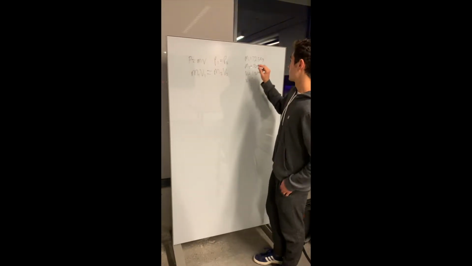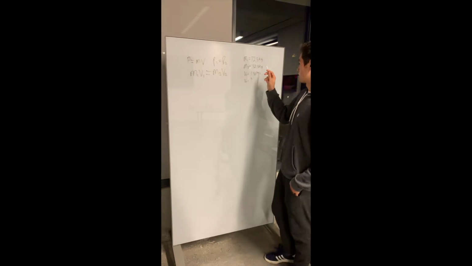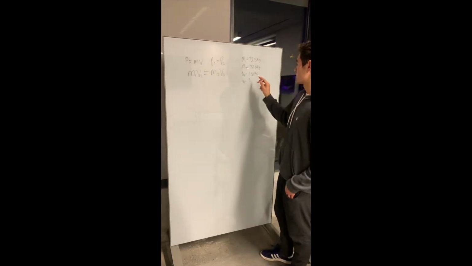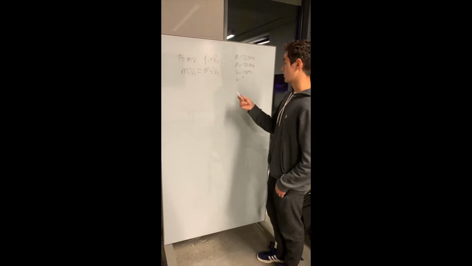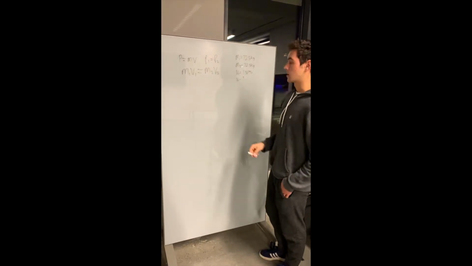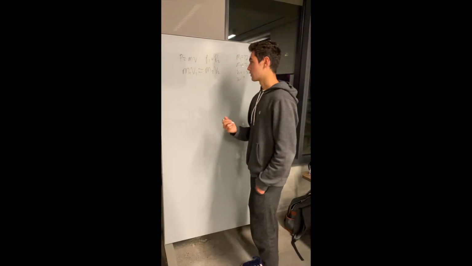We know that both of our masses are 72.5 kilograms, and the initial velocity of Trevor is 1.38 meters per second. So we can solve this to find what the expected final velocity should be. Let me just do that real quick.